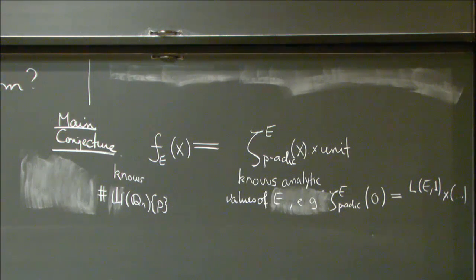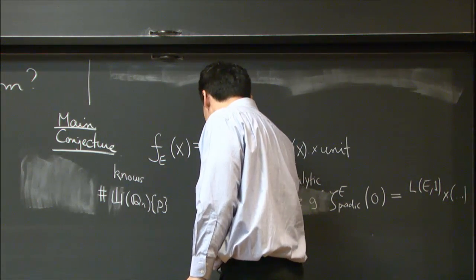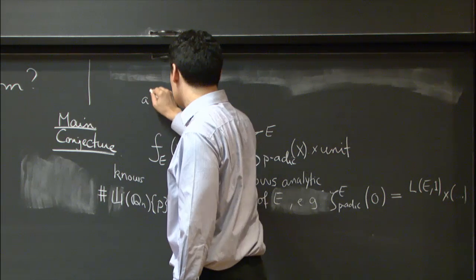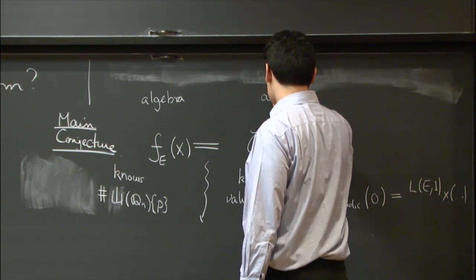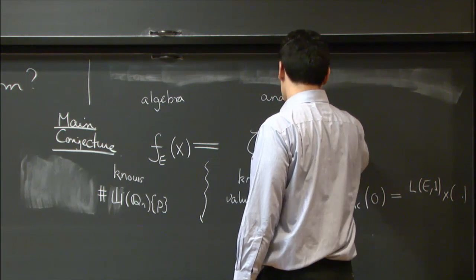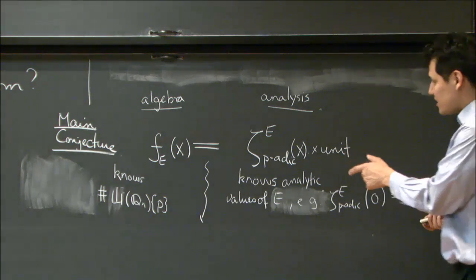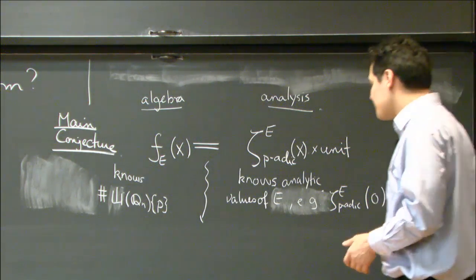Well, the idea is that if you take these two power series, the algebraic power series and the analytic power series, and you scrutinize their behavior at x equal to 0, you get something back.